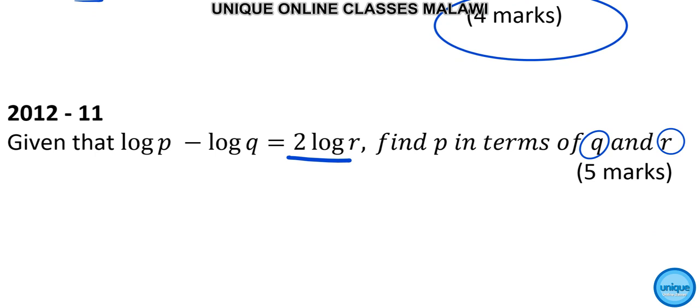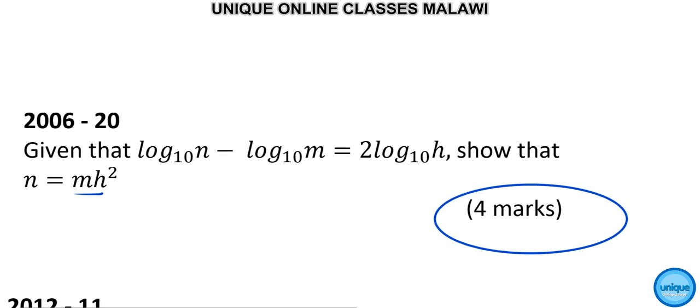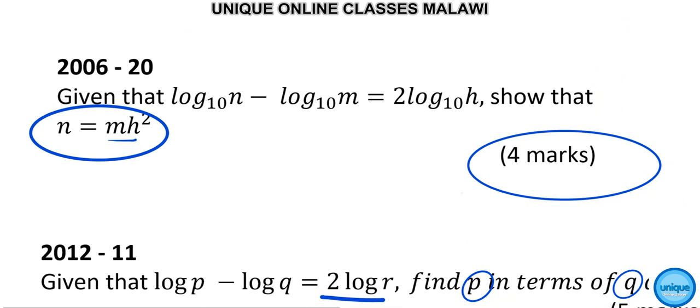In short, we should make p the subject of formula. So answer inaweza ka p is equal to q r squared. So try to solve it.